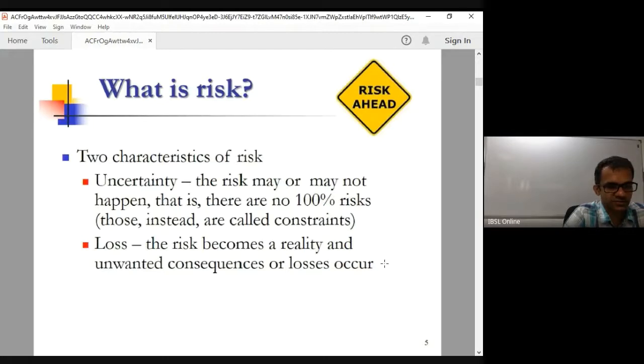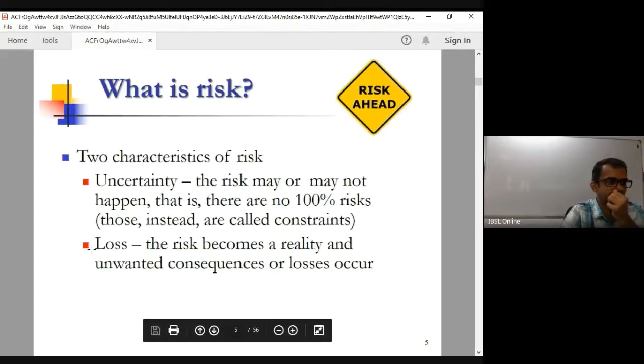If we discuss our course again, we lost 3 weeks. We couldn't conduct classes for about 2-3 months. So that's a loss. It may be a financial loss or some other kind of loss. The loss happened because of this uncertainty.